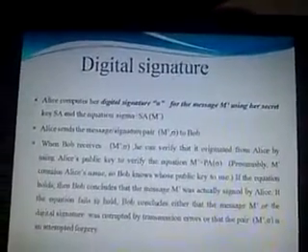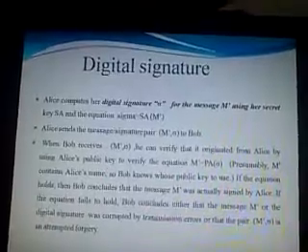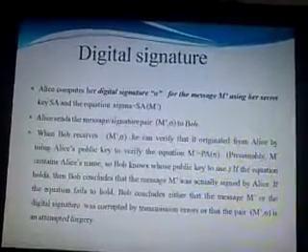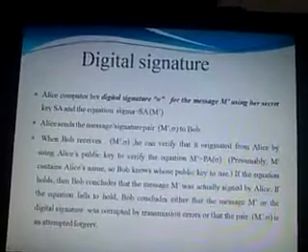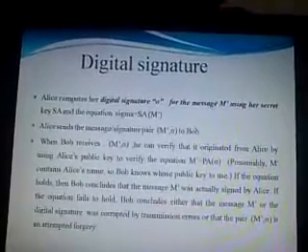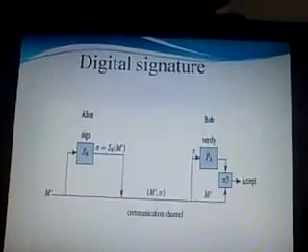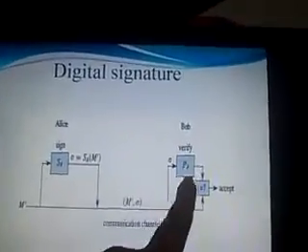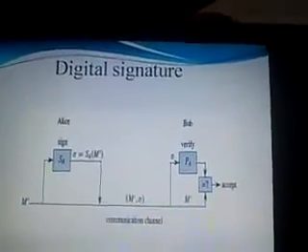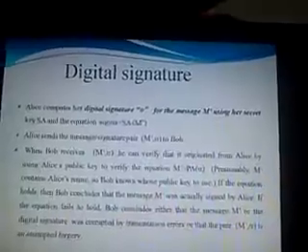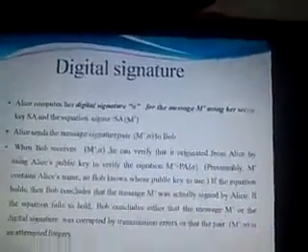When Bob receives M dash comma sigma, he can verify that it originally came from Alice by using Alice's public key to verify the equation M dash is equal to PA of sigma.